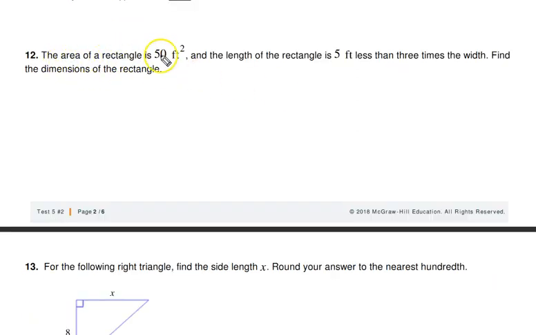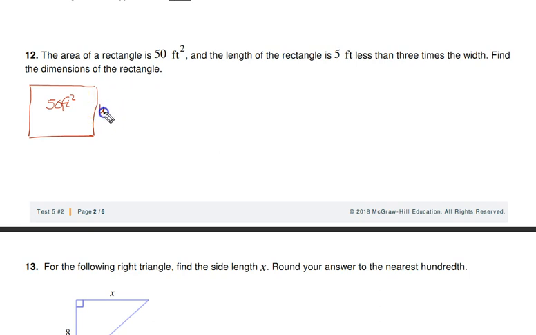Here we have an application, so maybe a figure might be helpful. I'm not too sure. I'll start to read it. So the area of this rectangle is 50 feet squared, and the length of the rectangle is 5 feet less than 3 times the width.